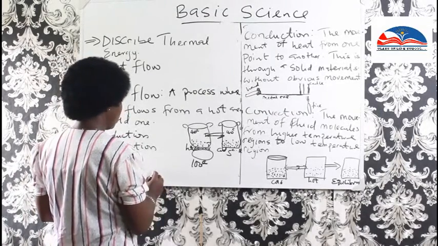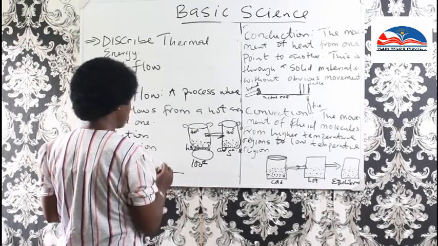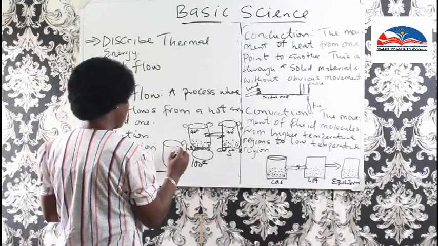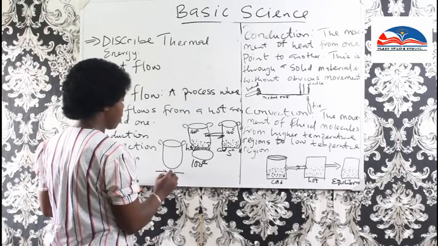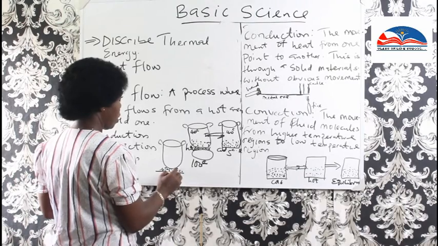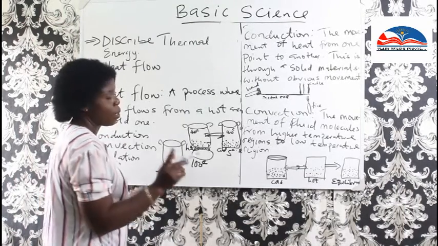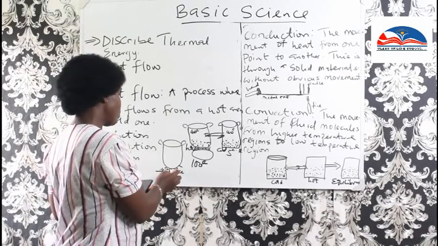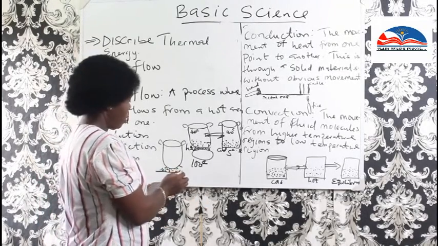Now let me illustrate this with this. It's a pot. Okay, this is my source of power. If this is a pot, this is the fire emanating from it. The pot is the conduction, which is the metal.